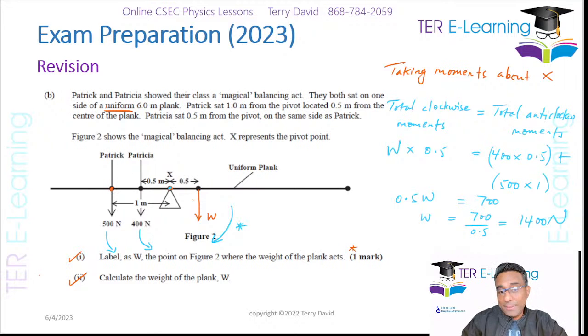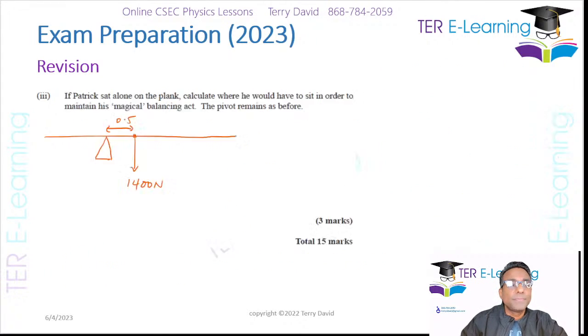We don't know where the position is, so you're going to put 500 here, and we don't know this distance. That's what you're trying to calculate. This one is very easy to work out. If you take the pivot as this, you're going to have a clockwise moment here, and an anti-clockwise moment here.